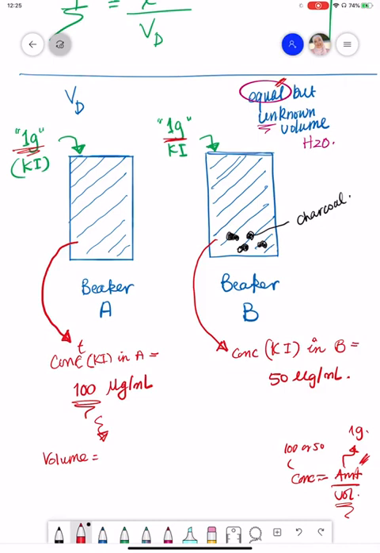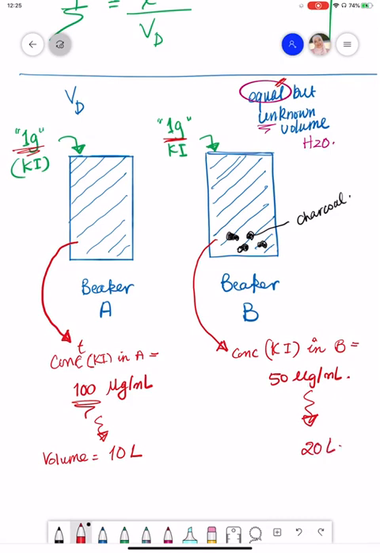We will have here, if you do the back calculation, 10 liter, and here you will have it as 20 liter.